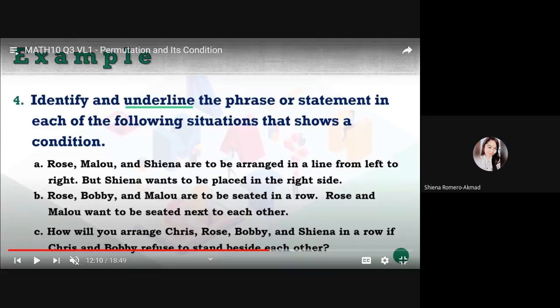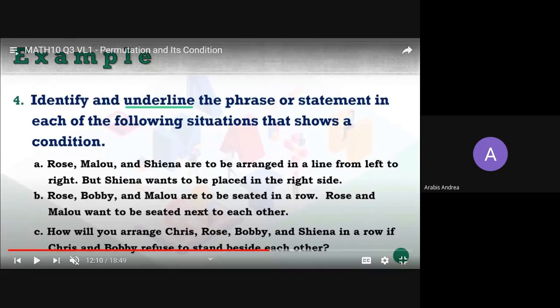Letter B. How about letter B? Please read letter B. Rose, Bobby, and Malu are to be seated in a row.